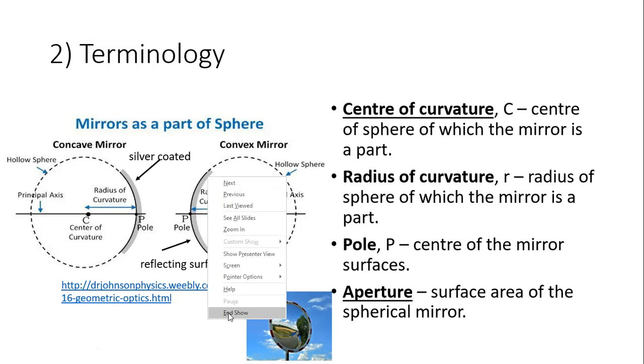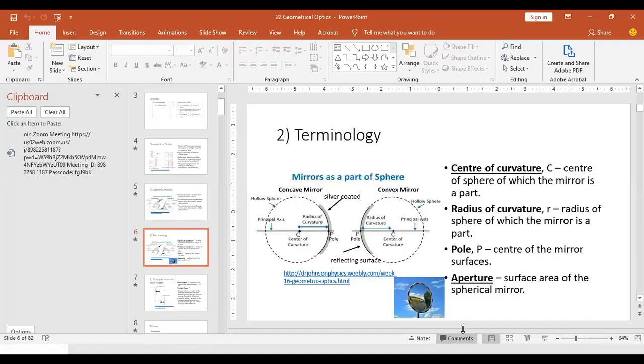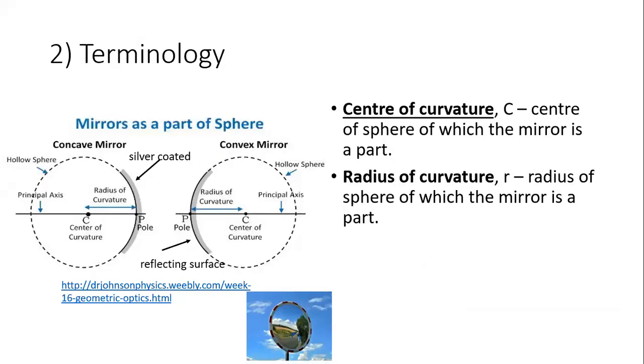It's just memory work, nothing much to teach you about this one. Aperture is just the surface area, that's all. This is two dimensional, so you can see the surface.